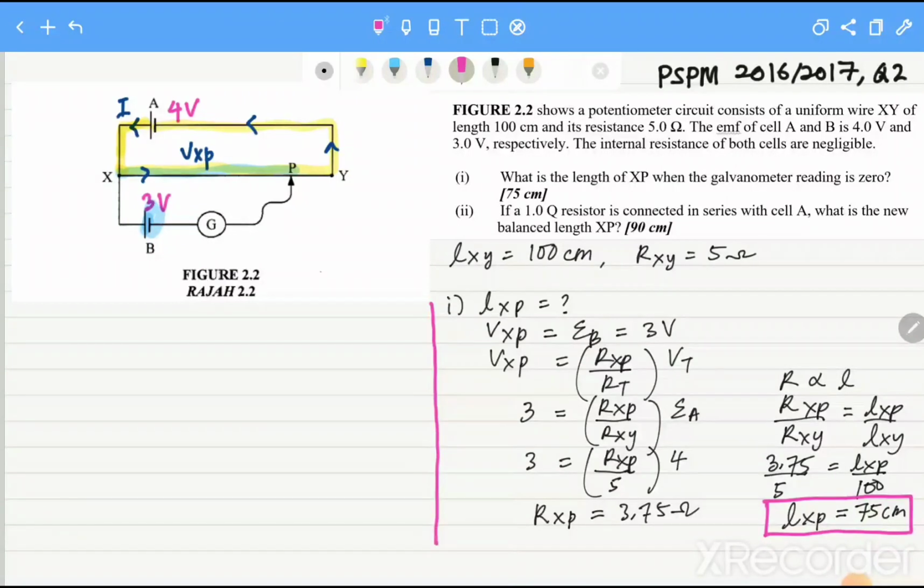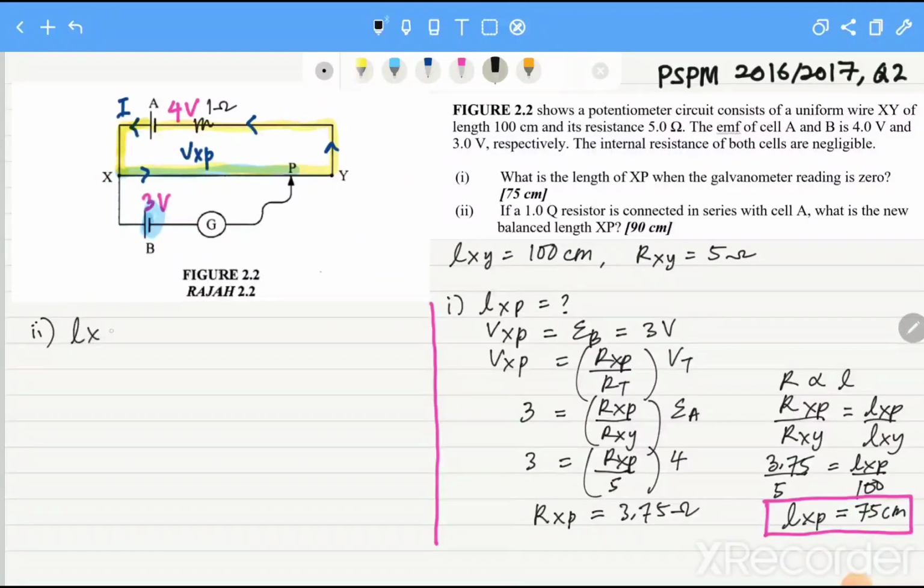Okay, for the next part, in the second part, if a 1 ohm resistor is connected in series with cell A, so we draw a 1 ohm resistor in series with cell A. What is the new balance length XP?